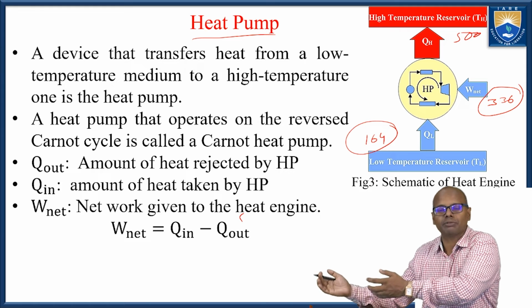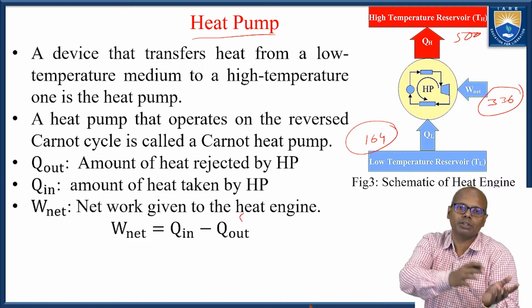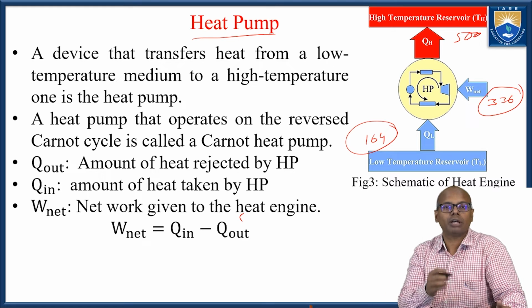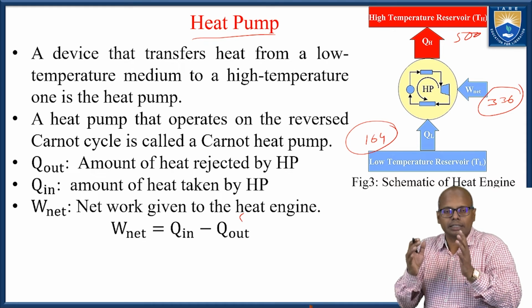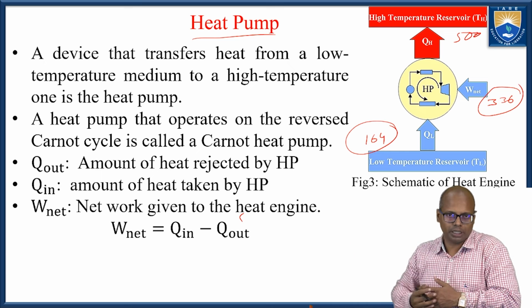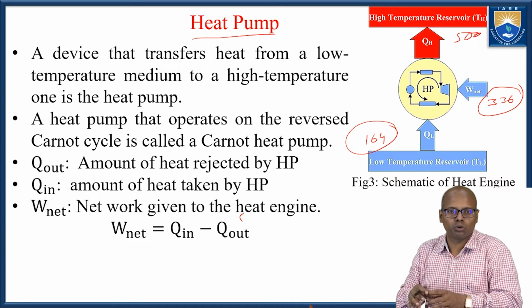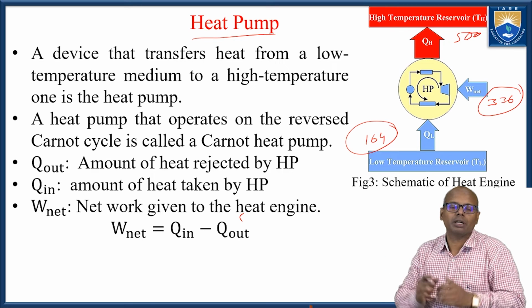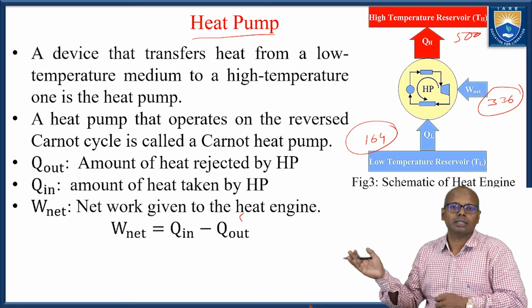I am taking the heat from the atmosphere and giving it to the room. So what is this heat pump doing? It is taking the heat from the atmosphere and supplying it to the room, so that the room is maintained at a higher temperature than the surroundings.